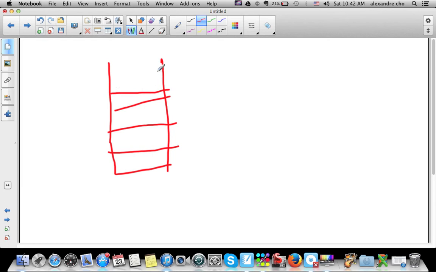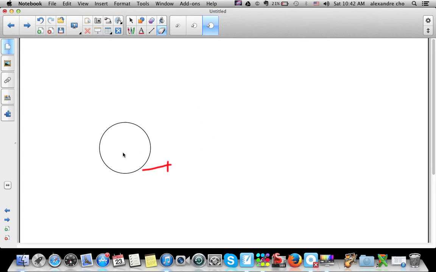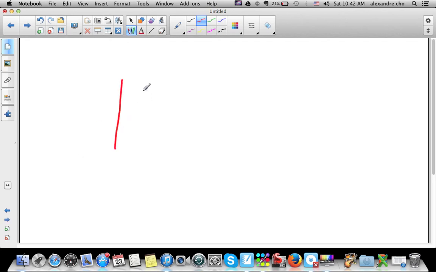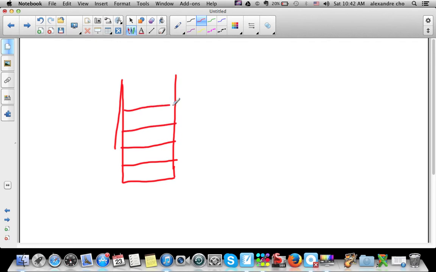Let's try this again because I obviously can't draw straight lines. 1/6, 2/6, 3/6, 4/6, 5/6, 6/6. It's as good as it's going to get.